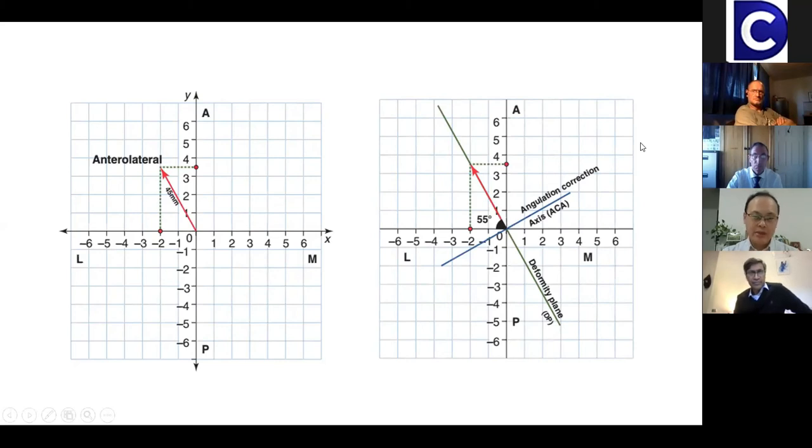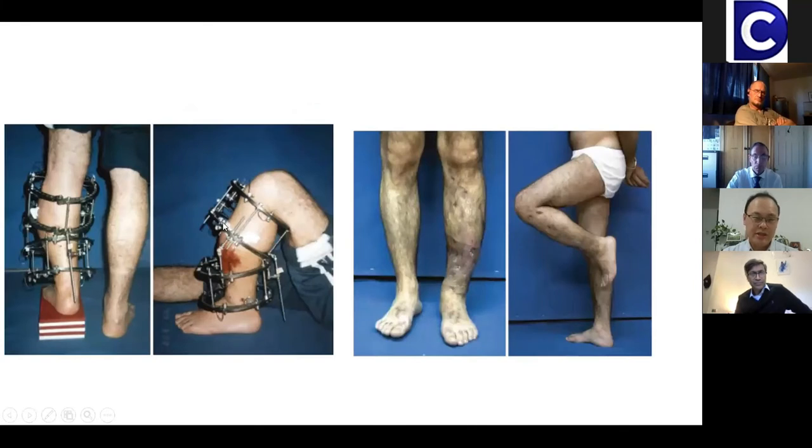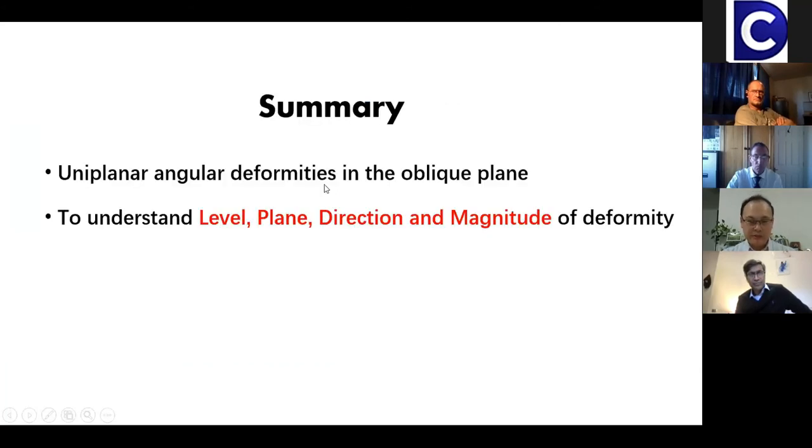So based on this method, we can give the patient the hinge correction method. So this is the X-ray, the clinical view, and after surgery. After we remove the fixator, we got a good result.